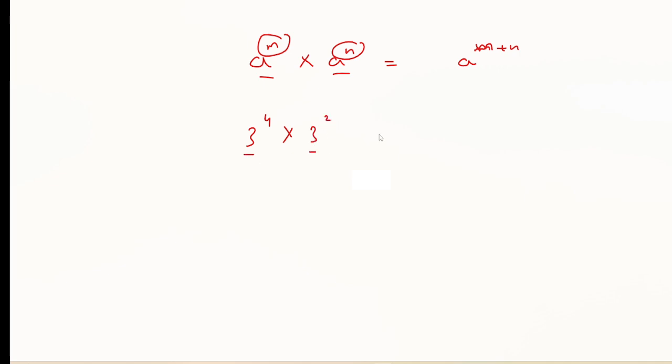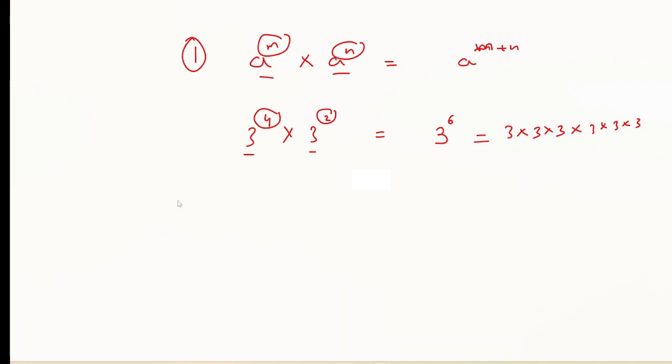Base is the same, right? 3. So we write it once and add the powers, 4 plus 2, that is 6. So we got 3 multiplied by itself 6 times. So this is our answer. Okay. This is for multiplication, so this is called the multiplication law.